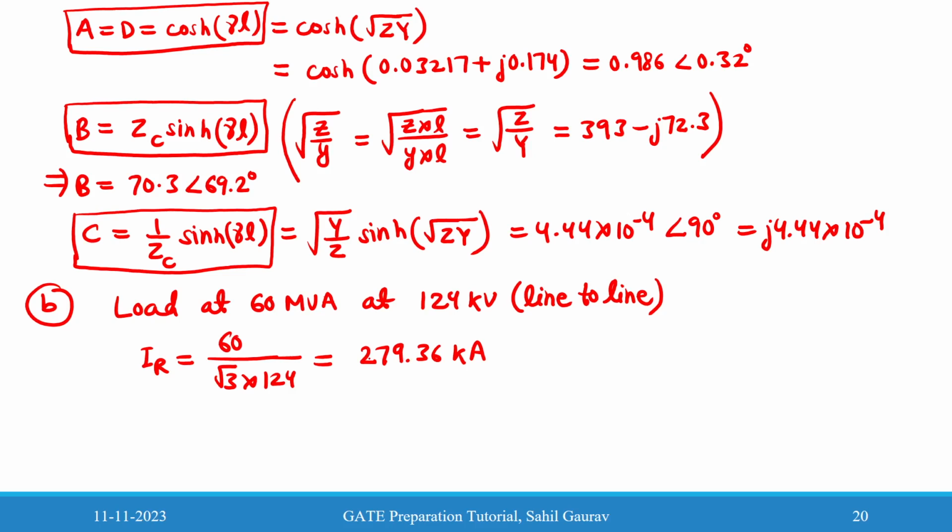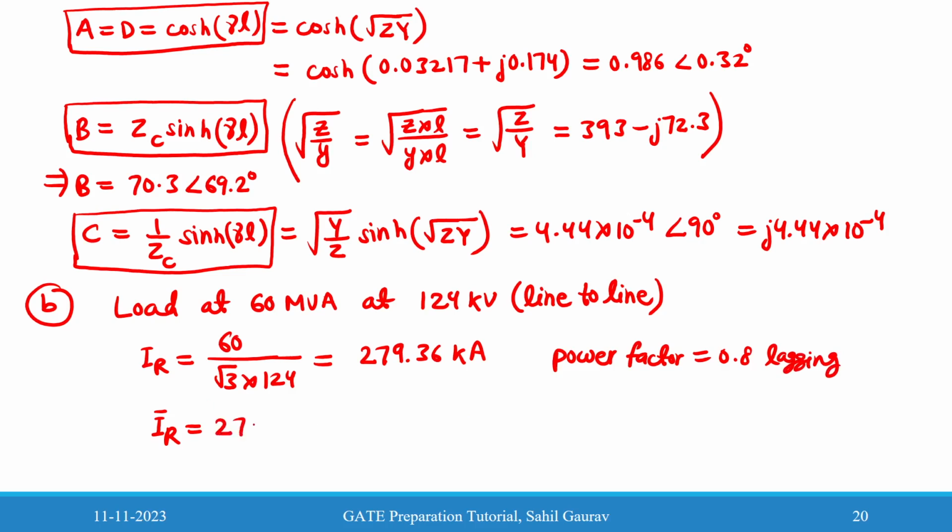This is magnitude, correct? Now we will find this total phasor form. Since the power factor is 0.8 lagging, cos inverse of 0.8 comes here.